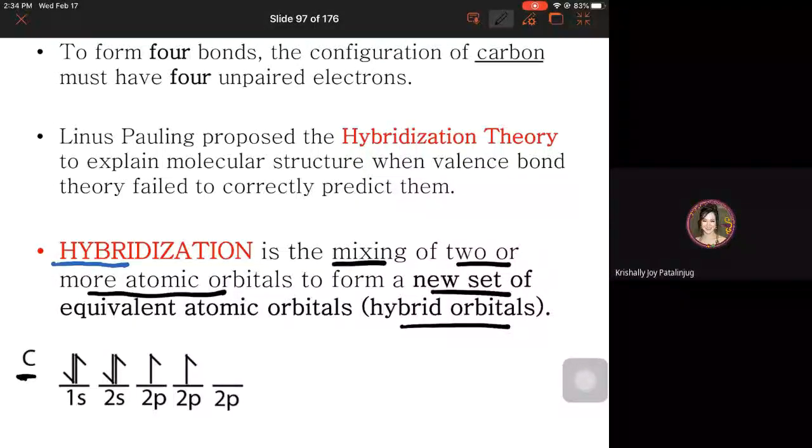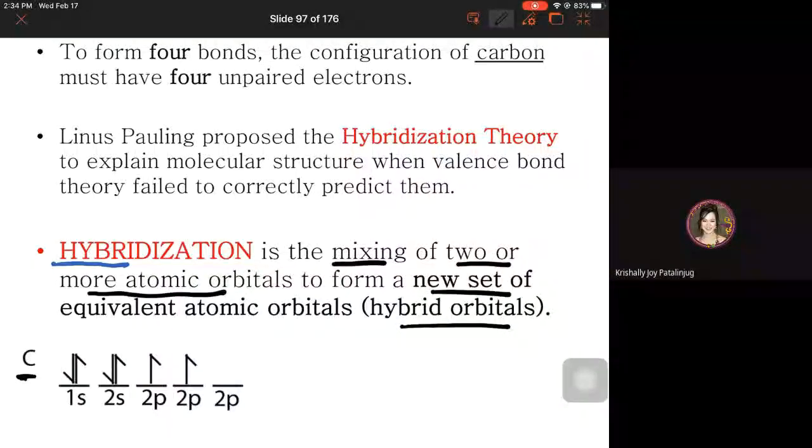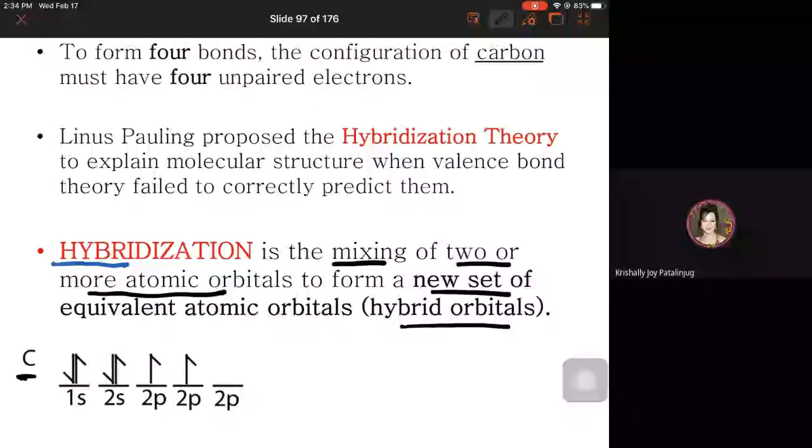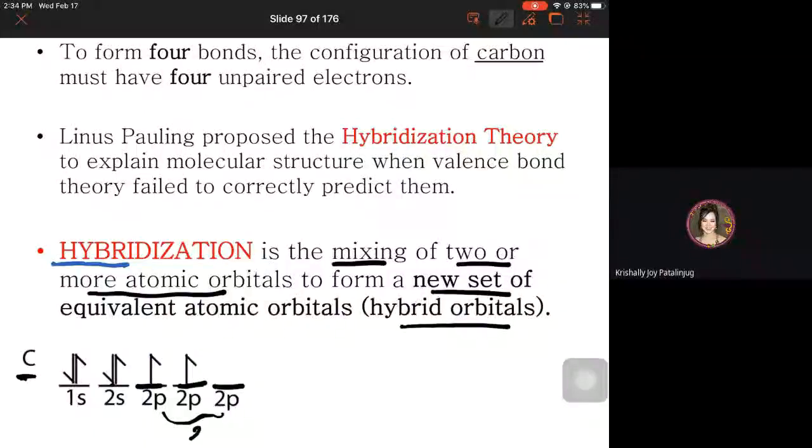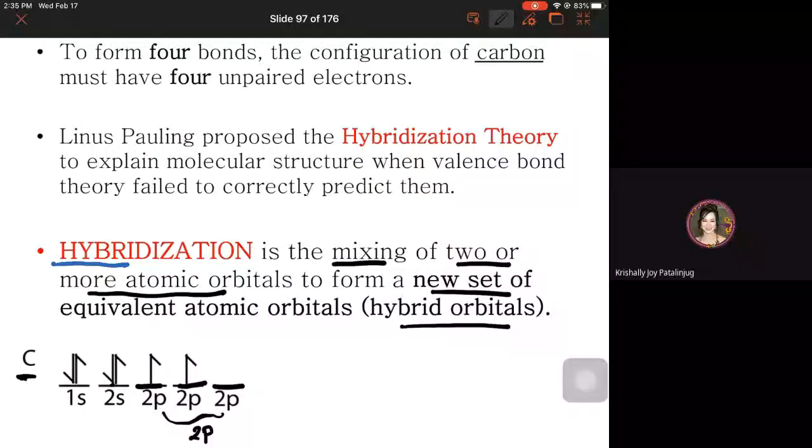So, say for example, di ba kanina, ito yung electronic configuration for the atom carbon. Tama? We have 1s2, 2s2, 2p2. Alright? So, kumbaga, sa tatlong orbital under 2p sublevel, 2 lang yung half-filled.